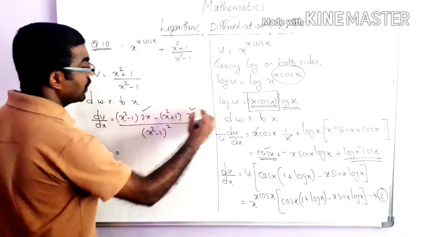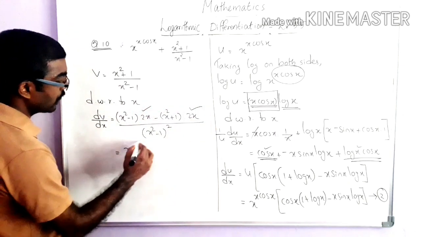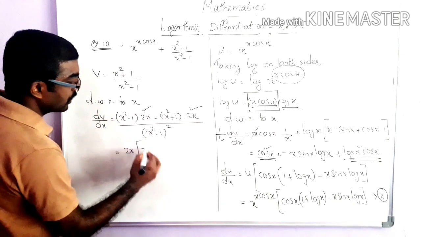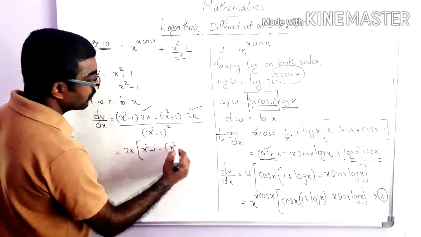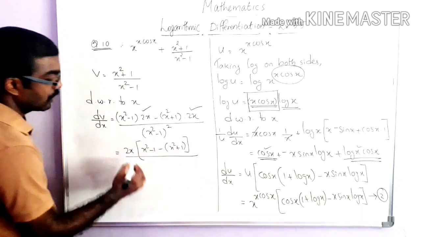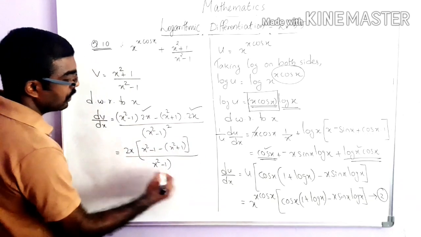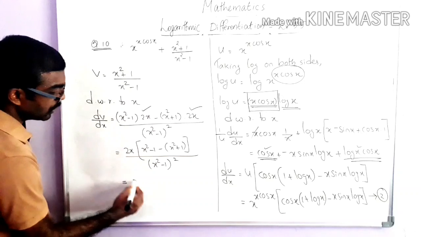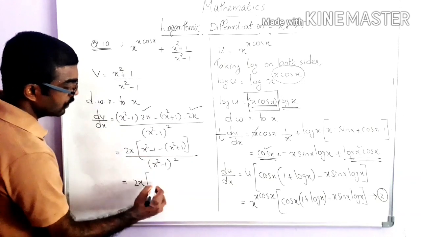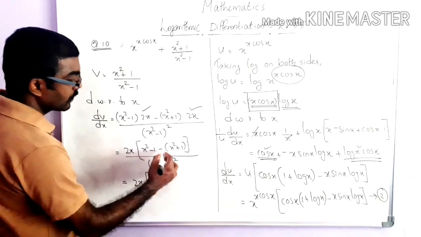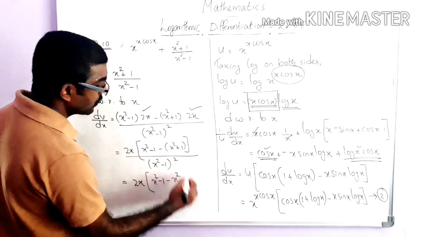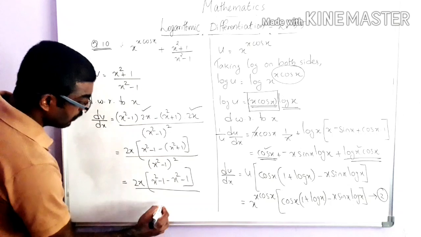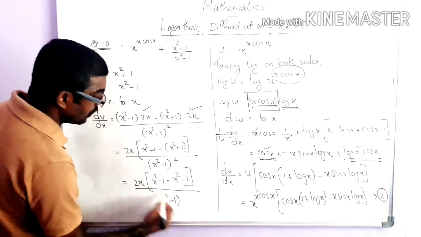Here 2x is common in both the terms, so we can take it out: 2x into first term, the remaining is x square minus 1, here minus of x square plus 1, divided by x square minus 1 the whole square. That is 2x into x square minus 1, this minus we can multiply and remove the bracket, minus x square minus 1, divided by x square minus 1 the whole square.